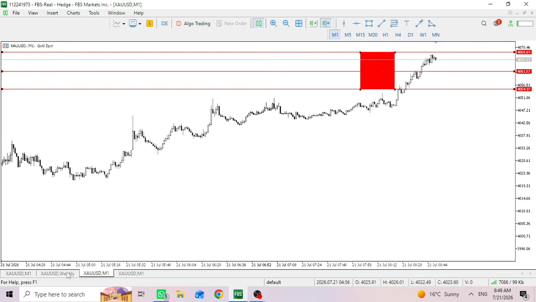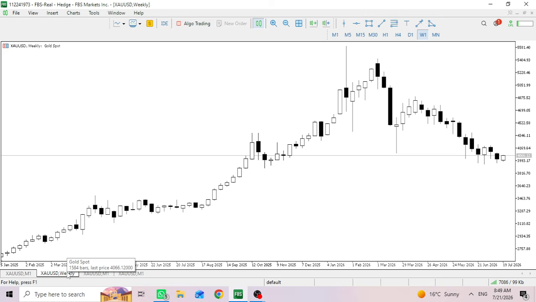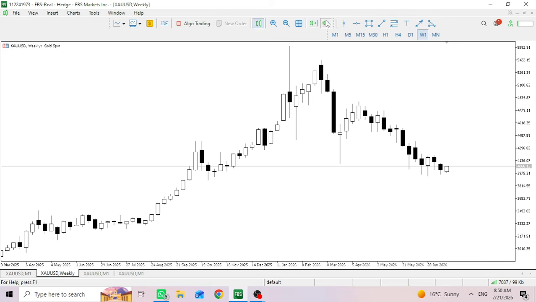Okay. Now listen. If it has tapped the previous week's high or low, I kid you not, there is no stupid consolidation which is going to happen there. The market is ready to move with high speed.